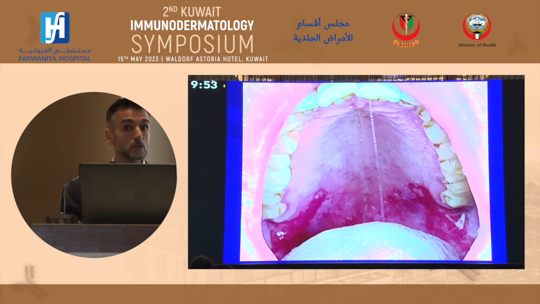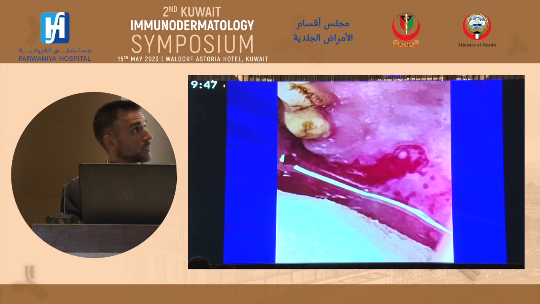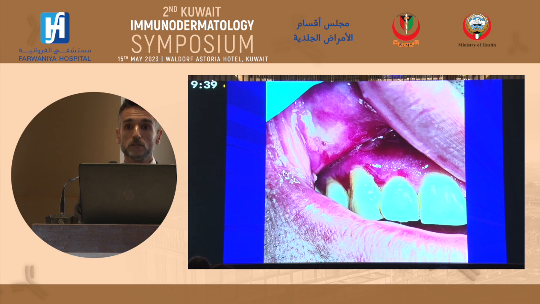There's also gingival involvement and desquamation here in the interdental papilla, possibly a collapsed bulla on the labial mucosa. The ventral tongue is also involved with ulcerations and collapsed bullae. There was ocular involvement, maybe, but without scarring.